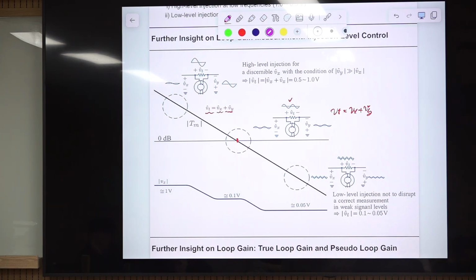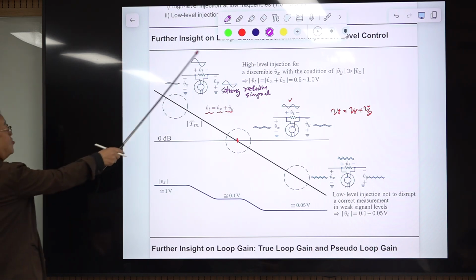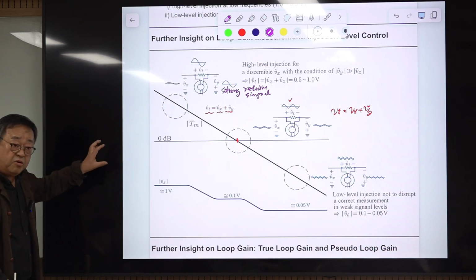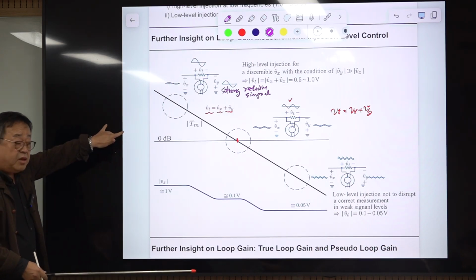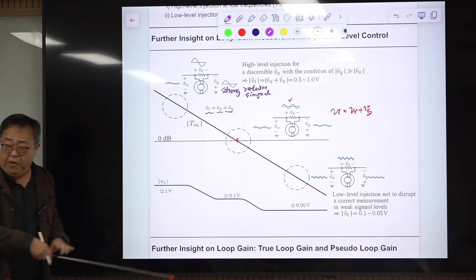So we are seeing this strong return signal, and the rest of it is this one. So this should be very small, very weak.